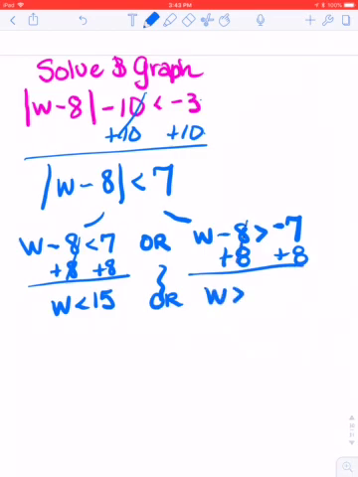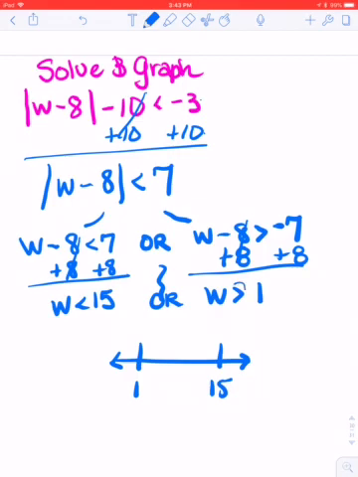So w is greater than 1. So the numbers that they care about are 15 and 1. So if I do a number line, 1 is going to be smaller and 15 is going to be bigger.